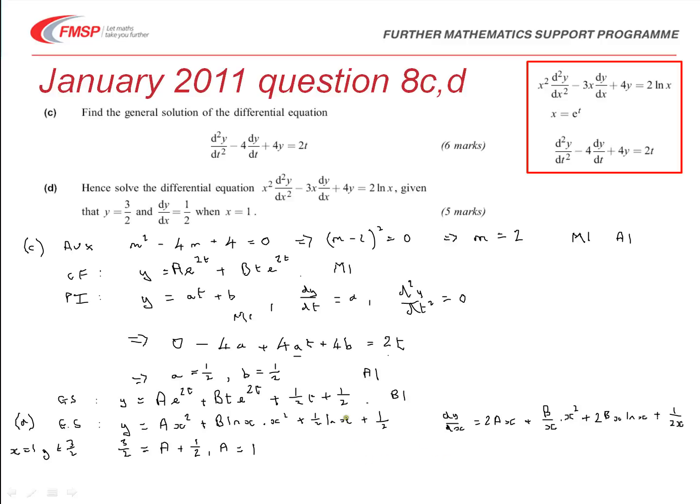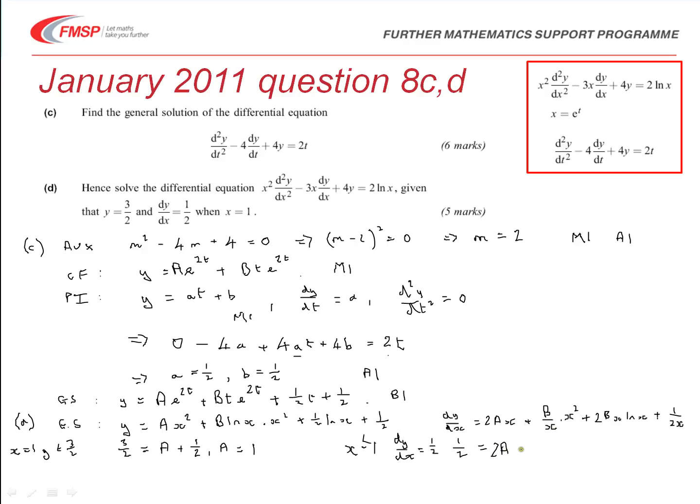Again, we've got conditions that when x is 1, dy by dx is a half. So that gives us a half equals, well, x is 1, so that gives us 2a.